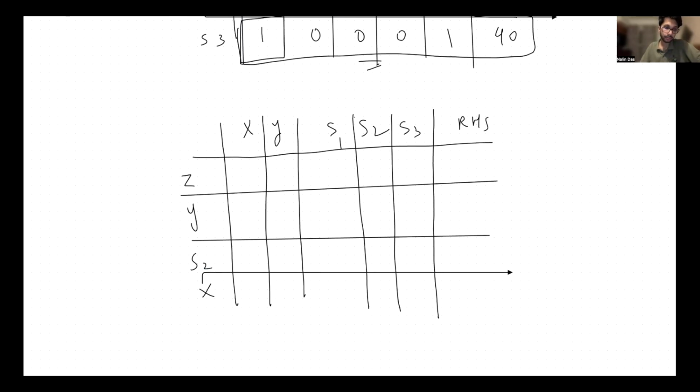So this value becomes 0, 0, 0, 1, 0, 1, 0, 0, 2, 1, minus 1, 0, 0, 0, minus 1, 0, 0, 0, 1, 0.